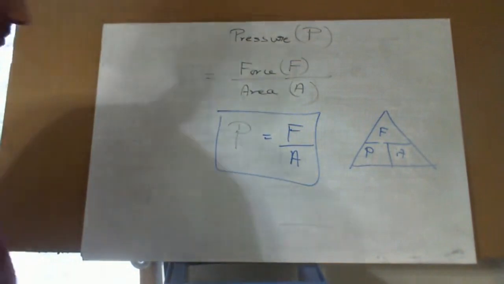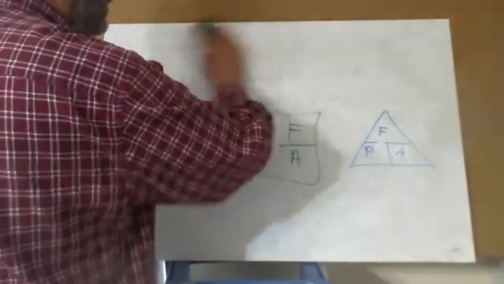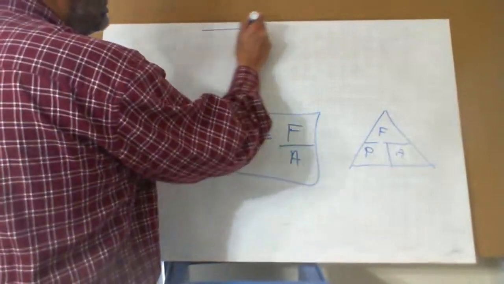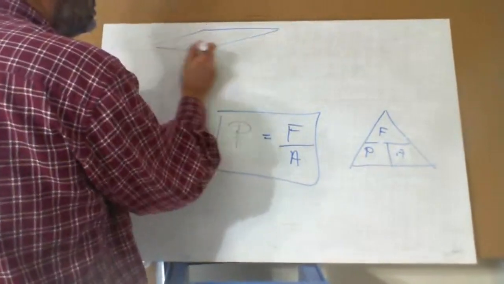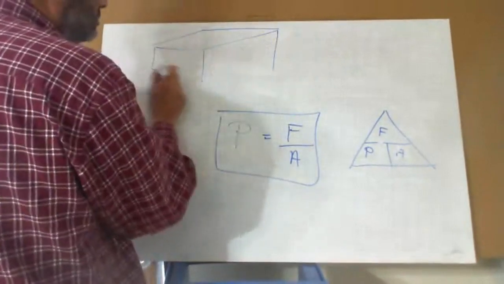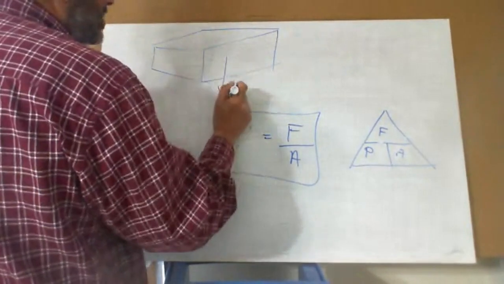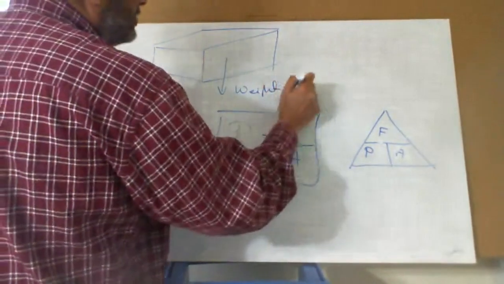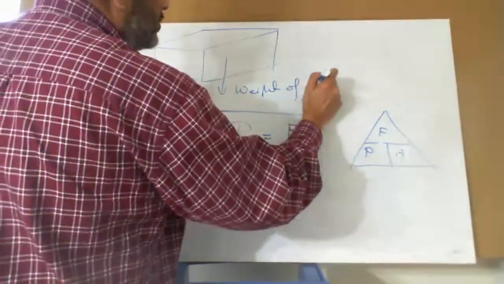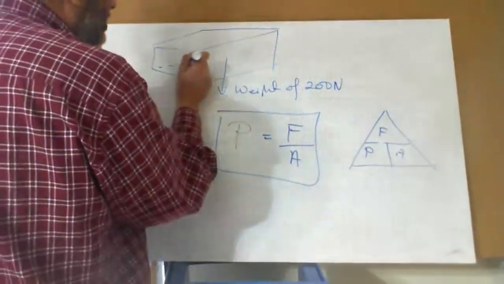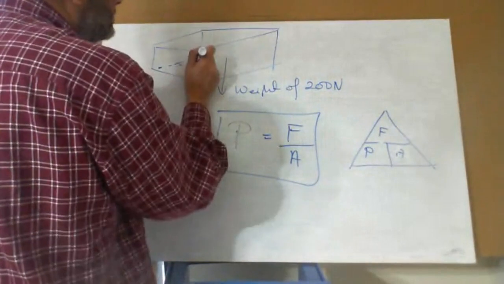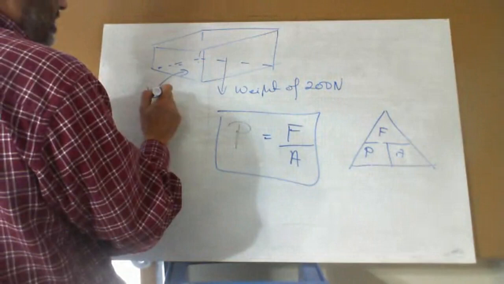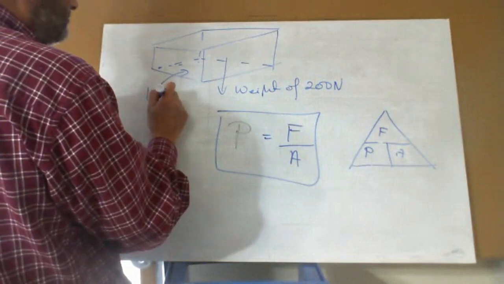Let me give you an example. Suppose you have an object that has a weight of say 200 newtons, and the area is 10 square meters.